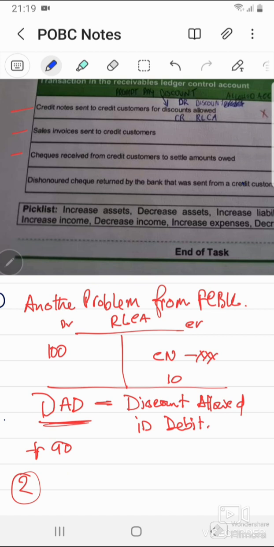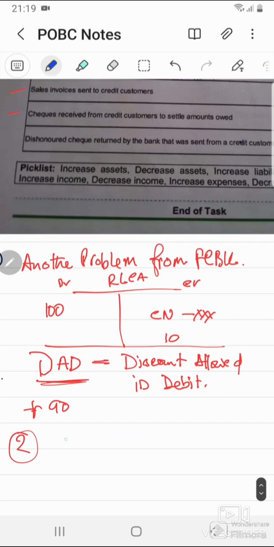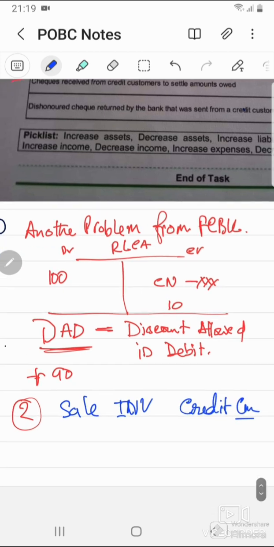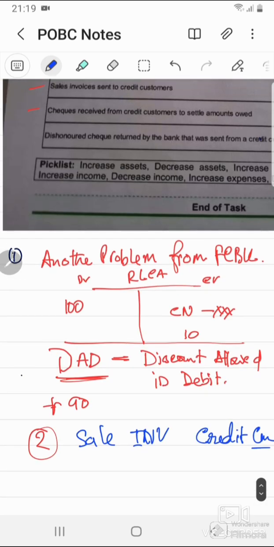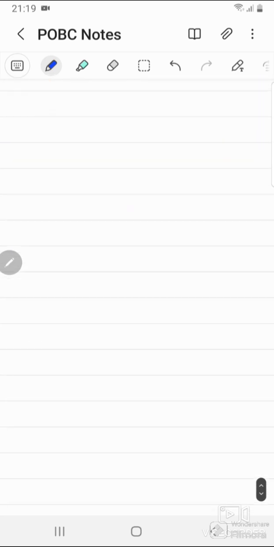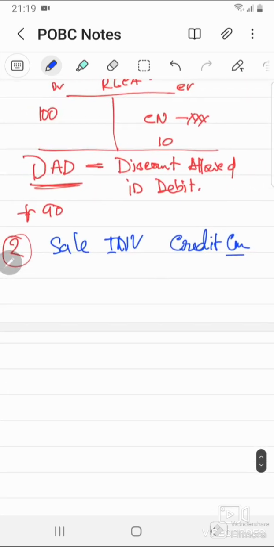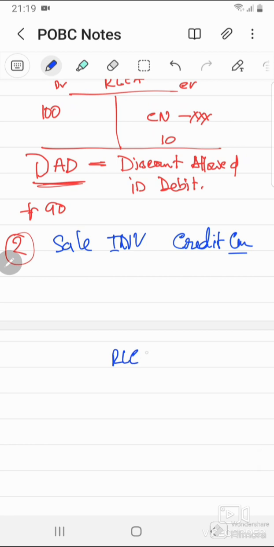Second is a sales invoice sent to the credit customer. We always need to see two sides of the transaction, like a double entry. So what happened? In the RLCA T table, say a £100 invoice you send is a debit because it's coming from the sale.